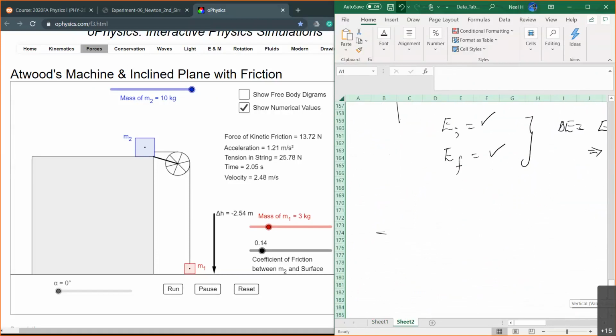So now object number 1 is moving this way, starting here. Object number 2, box number 2, moving in this direction, starts with initial velocity 0, and finally it gains some velocity. The distance it travels is h.